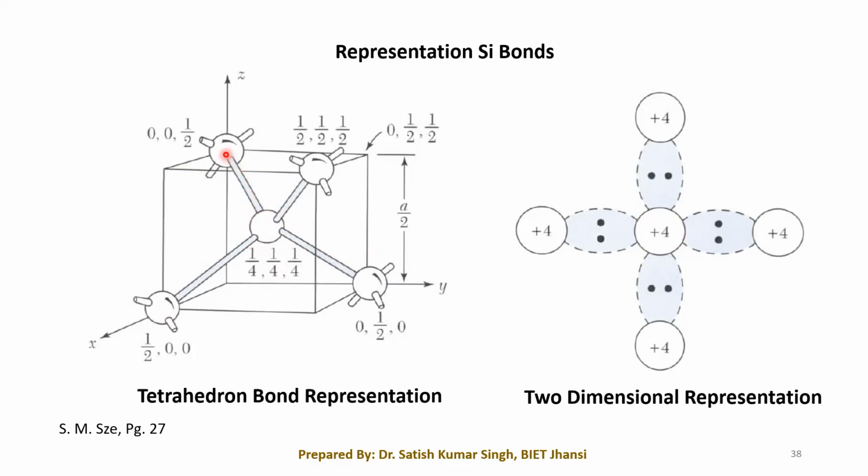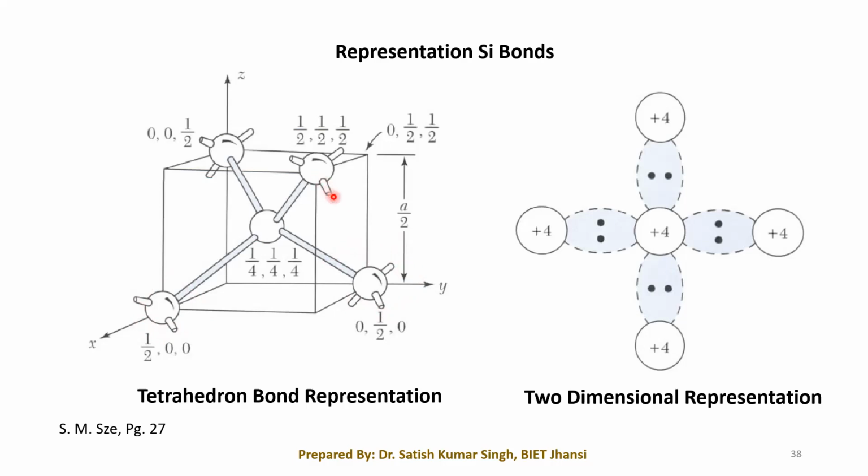It is situated at this corner of the cube, then another is present diagonally opposite to this corner. And then again similarly at the bottom you can see one silicon atom is available at this corner, and another silicon atom is available at this particular corner.